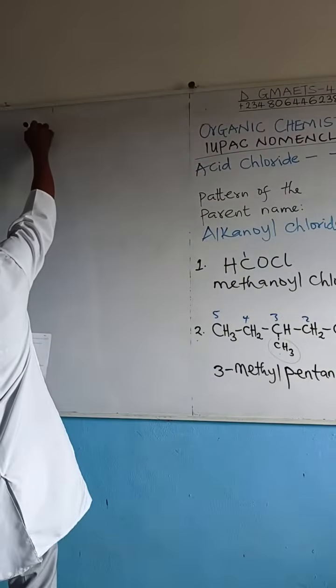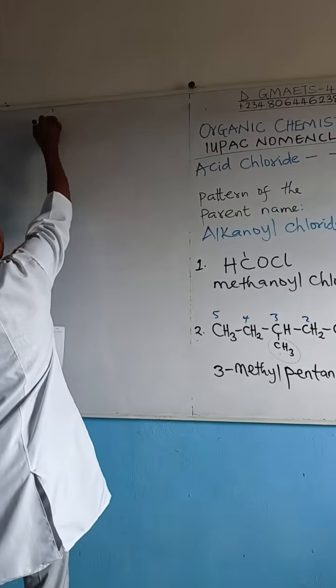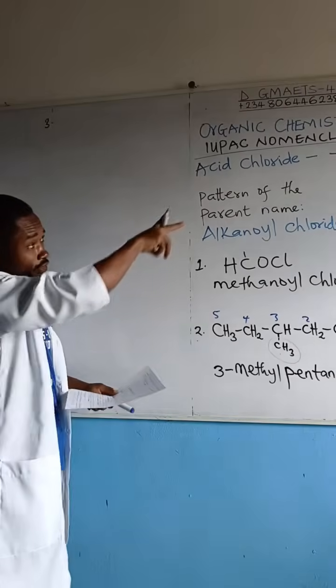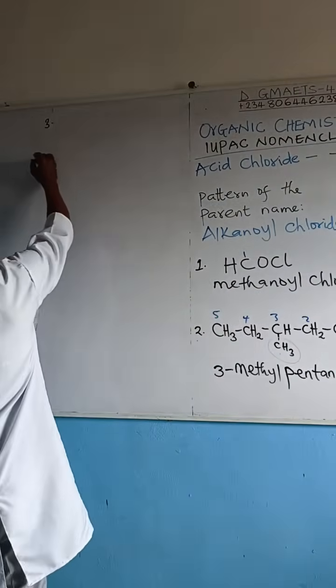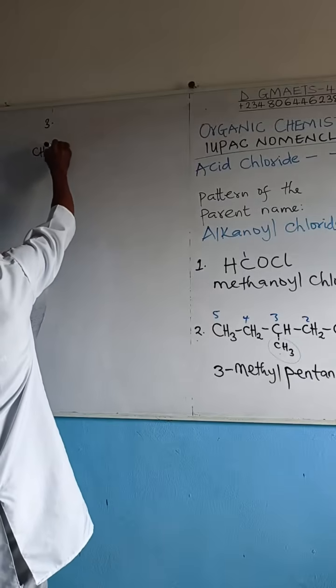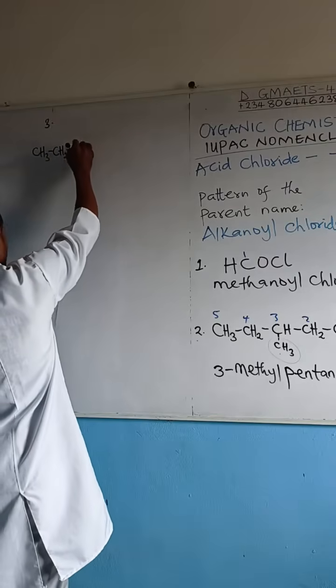So that takes us to structure number 3, which is likely the last structure for this section. And then we move on to acid amide. So this is what we have here: CH3. I hope I can compress this to fit because the carbon atoms are so long.